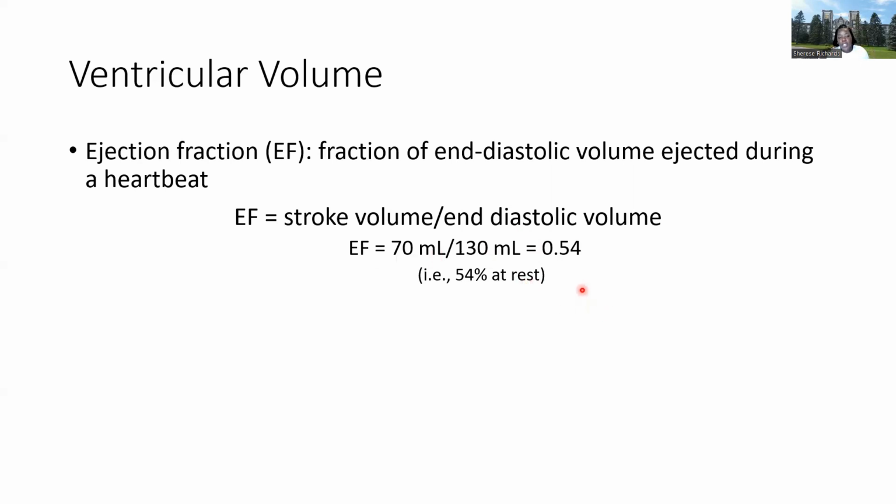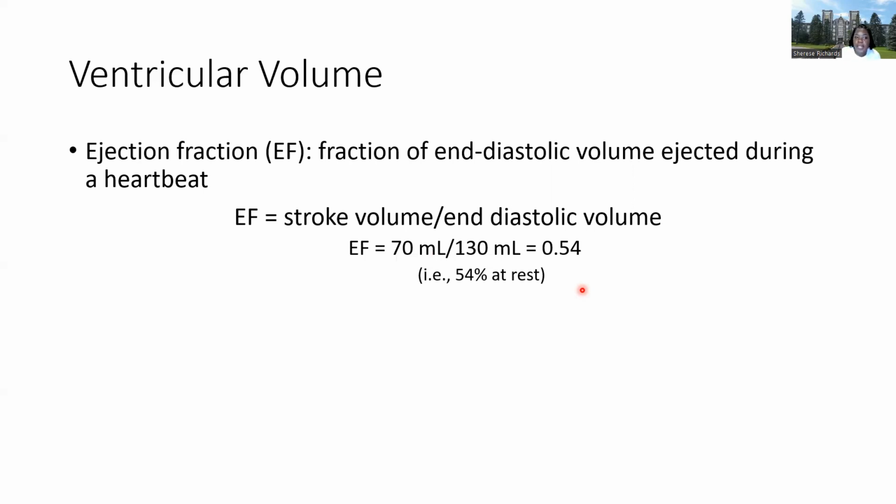So the ejection fraction is the proportion of the end diastolic volume that has actually been ejected from the heart. So that would be about 54%. So in other words, 54% of our blood is ejected and the rest of that is remaining in that chamber.